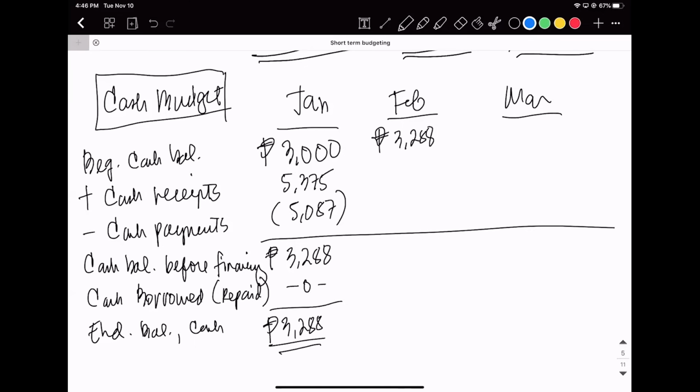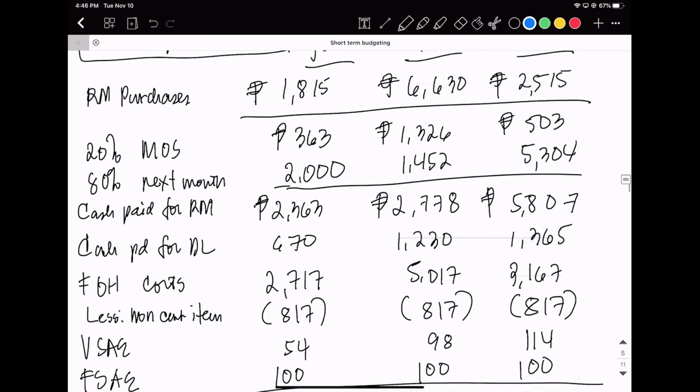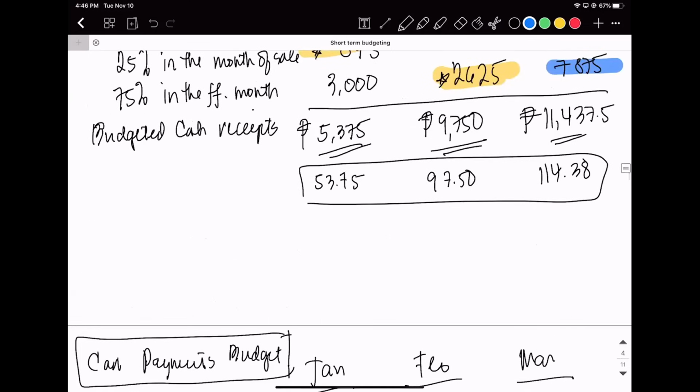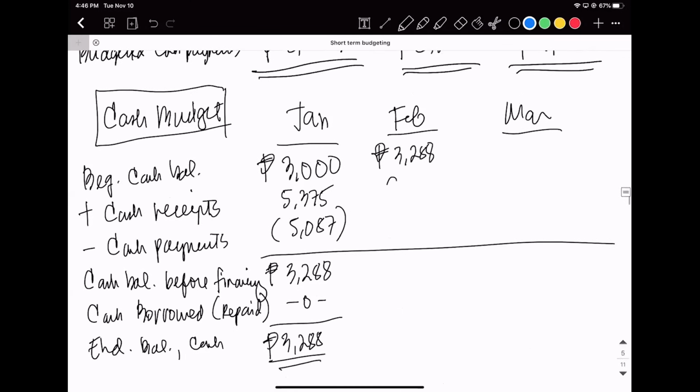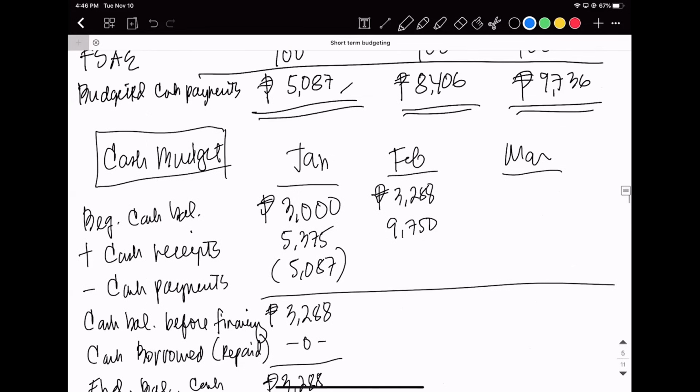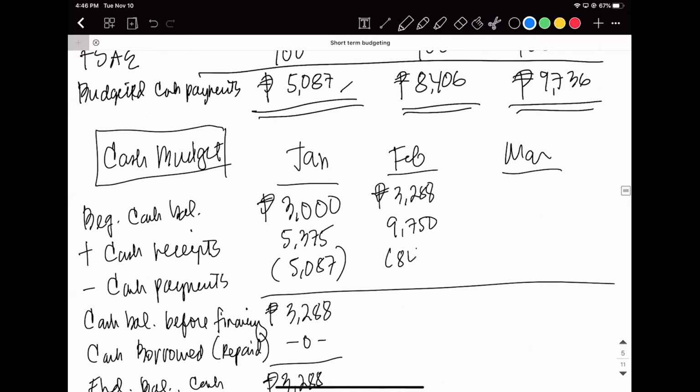Definitely, ito yung beginning mo. 3,288. So, cash receipts again. So, how much is your cash receipts? 9,750. And then, 8,406. Ayan, ito.